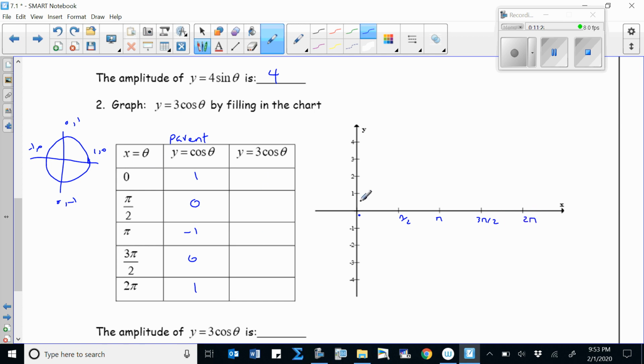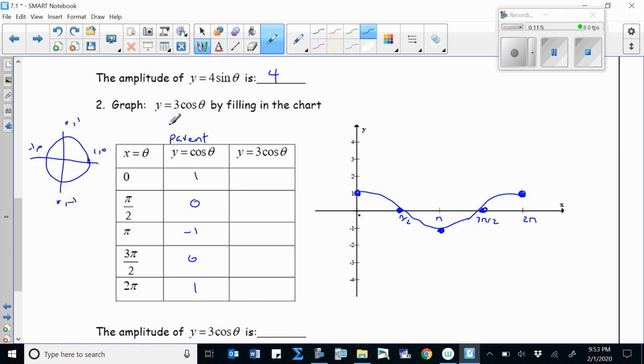When x is 0, y is 1. When x is pi over 2, it's 0. For pi, it's negative 1. 3 pi over 2 is 0, and 2 pi is 1. So this will be the graph of this function. This is the parent function.